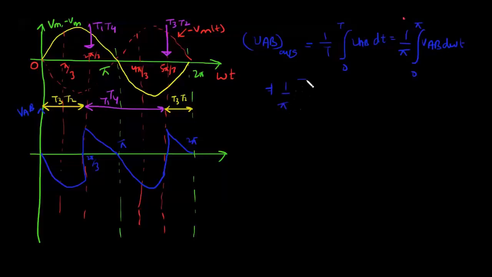You can split this interval. From 0 to 2π/3, VAB is equal to minus VmT, so it will be 200π sin(100πt) d omega t, and from 2π/3 to π, VAB is equal to VmT.